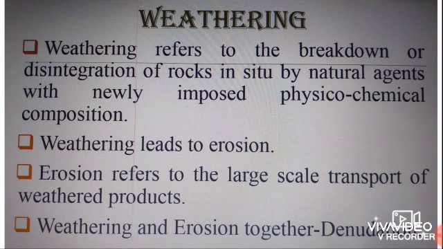That means the weathered products should remain near the parent material. Weathering leads to erosion. What is erosion? Erosion is the large-scale movement of eroded or weathered products. This weathering and erosion is collectively known as denudation.